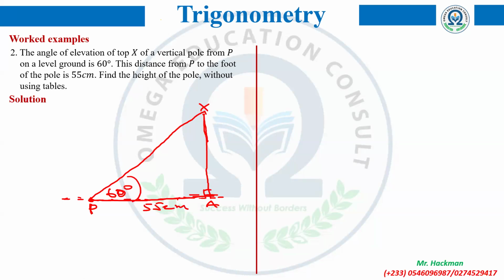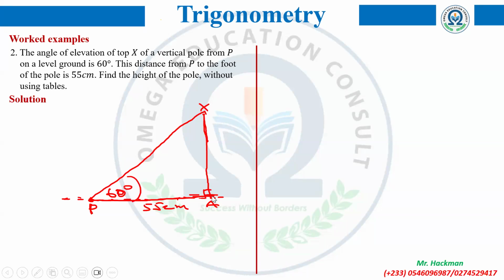Do we all get the true picture now? Prof. Carol asks: when they said the distance from P to the foot of the pole is 55 centimeters, can P be indicated at where the 90 degrees is, like at where the A is?